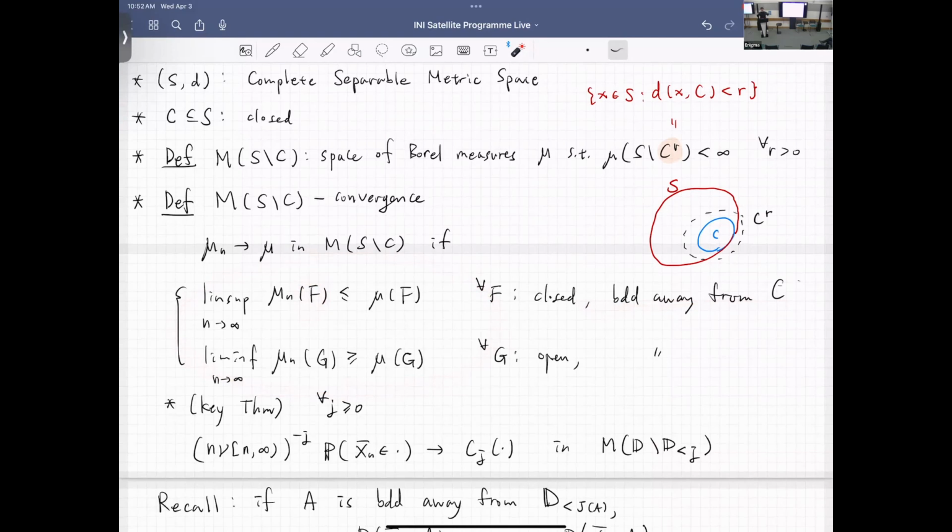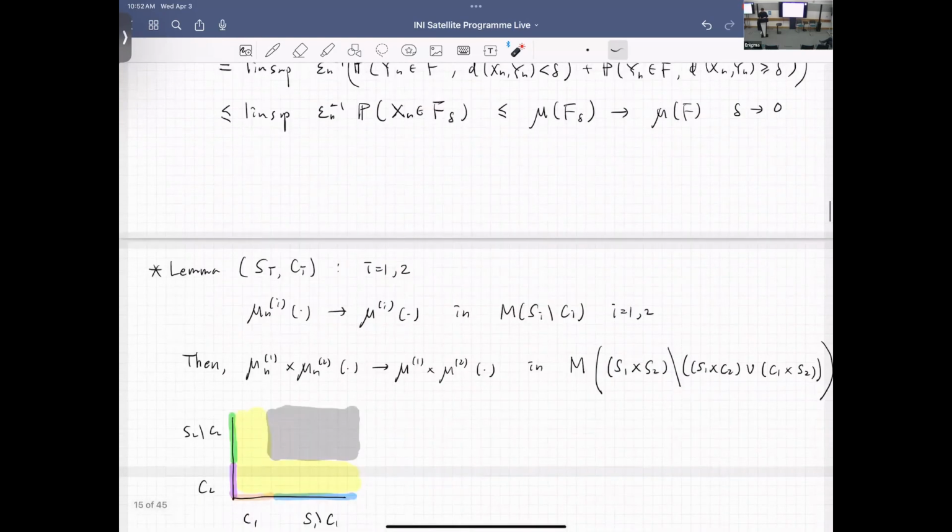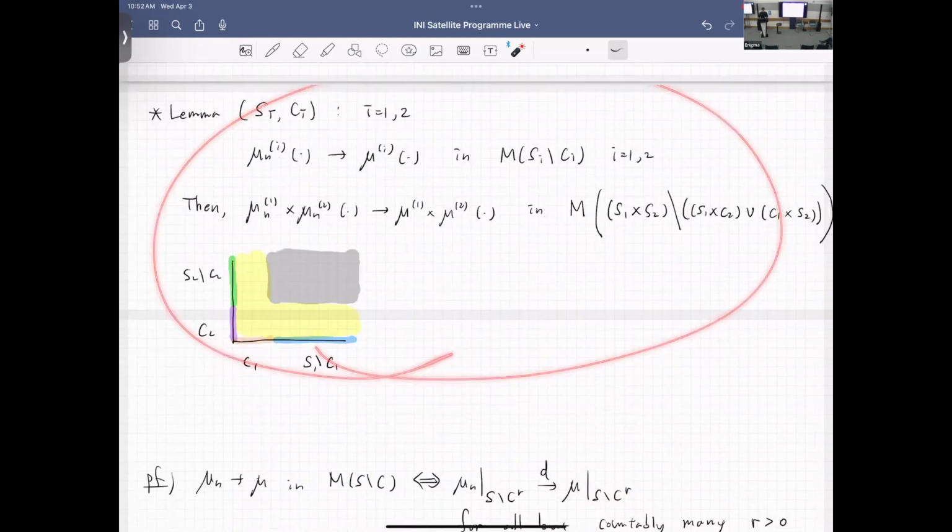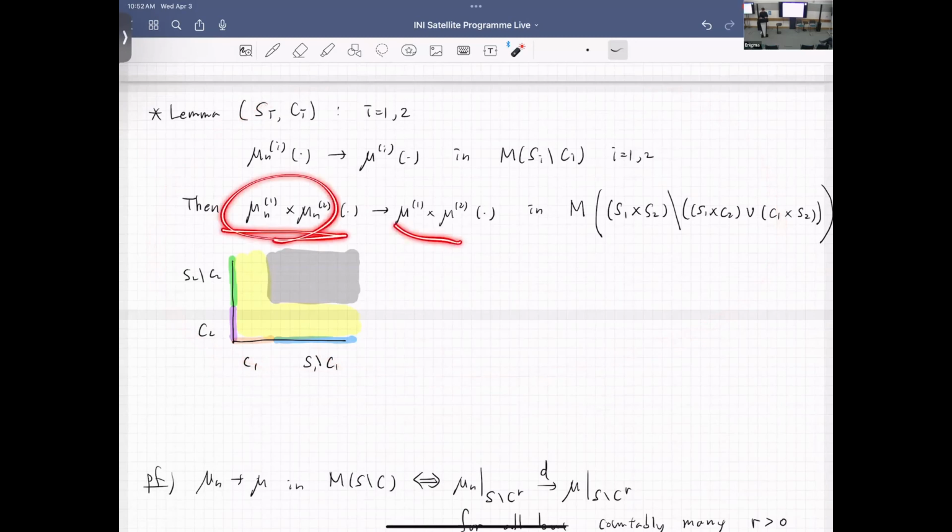If it is bounded away from C, it makes C smaller, then it should still be bounded away from C. And there will be more sets that are bounded away from the smaller C, but it's not compared to the original C. So M convergence is you get more useful bounds if you have smaller C, smaller set C. Here, you do get some nice result about the product, but this set is a little bit too big.